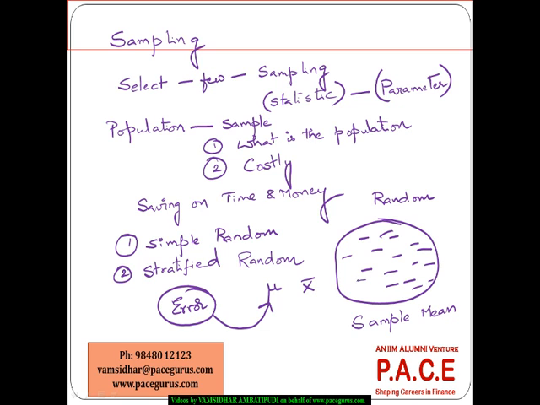So this is kind of striking a balance between time and cost versus the error. I may save heavily on time and cost, but it can induce an error. So my intention is to what extent I can optimize this particular scenario, and that is where we come out with what we call a sampling plan.